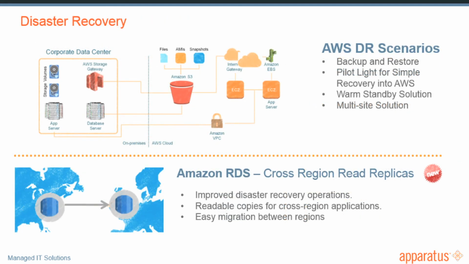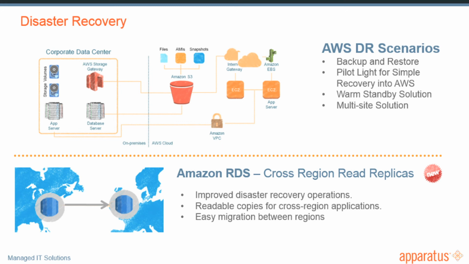Disaster recovery. This one to me is very similar to the dev and test environments that you might do in AWS. Again, I've found in my experience, you've either got a disaster recovery budget or you don't. So a lot of times your DR ends up on really old servers that are going to break or might not be able to handle all of your load in the event of a disaster.